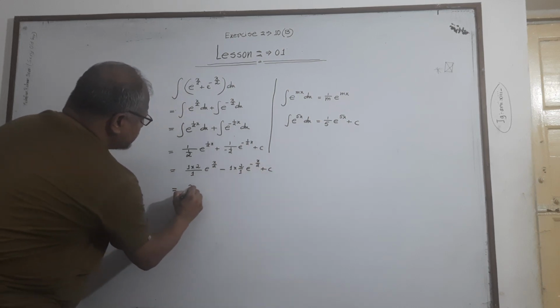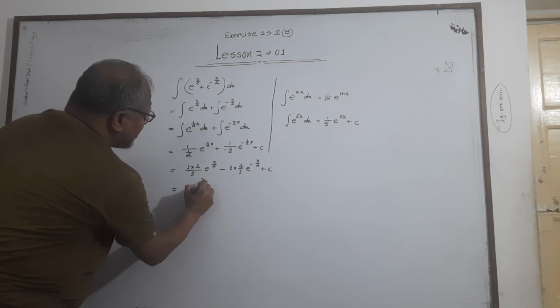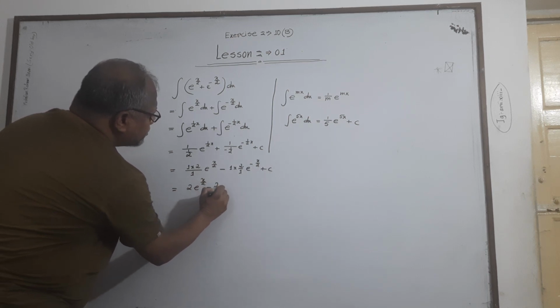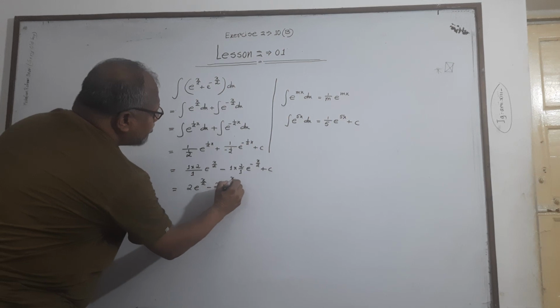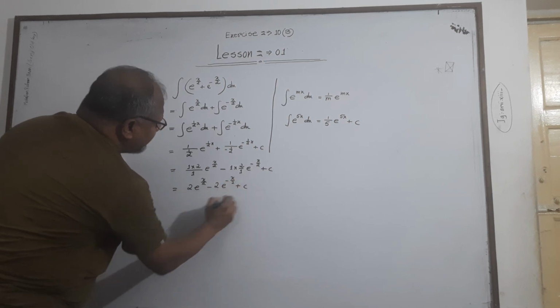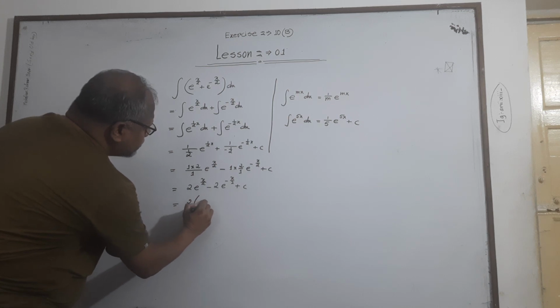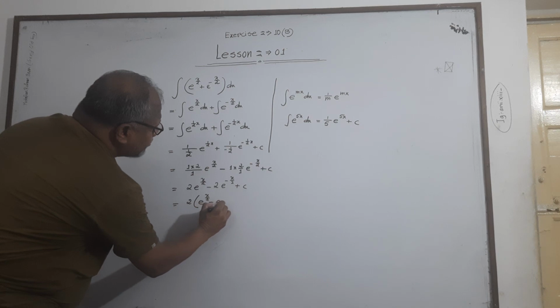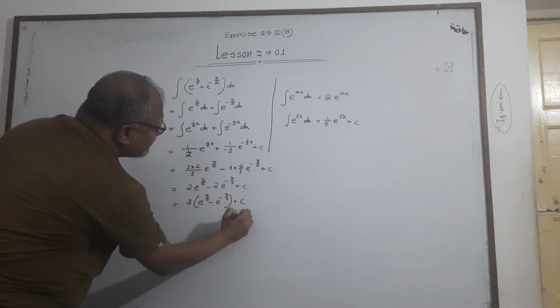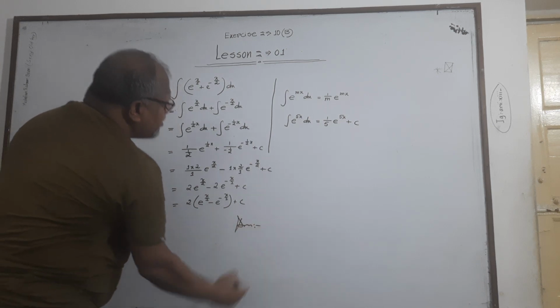That is 2 e to the power x by 2 minus 2 e to the power minus x by 2 plus c. If I take 2 common, it will be 2 times e to the power x by 2 minus e to the power minus x by 2 plus c, and this is my answer.